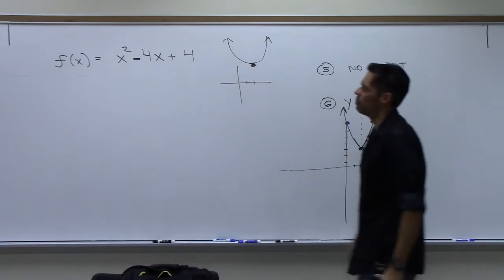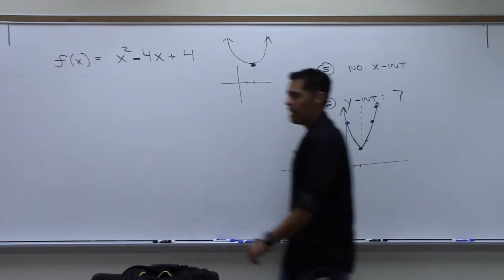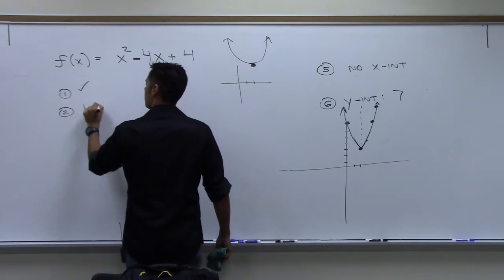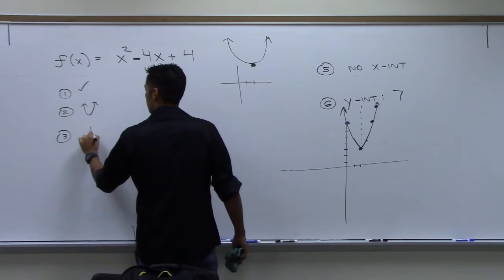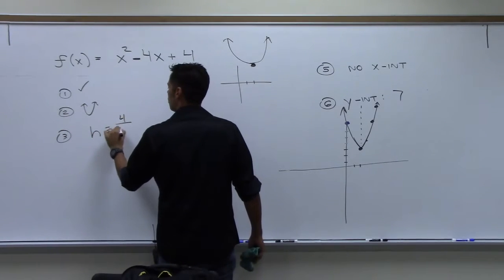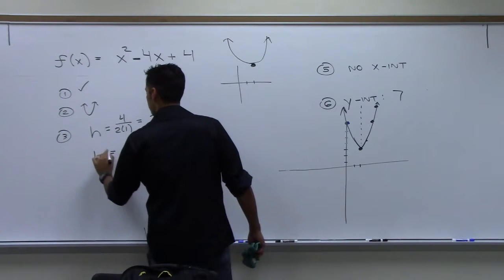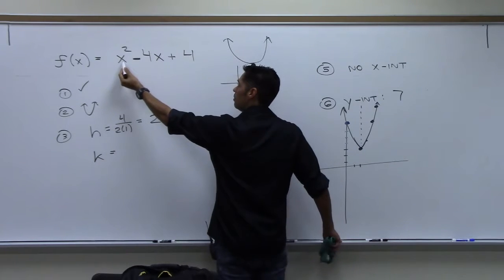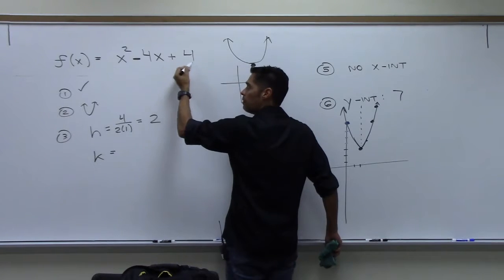How about that one? X squared minus 4x plus 4. Okay, so it's a parabola, right? Opens up, and the vertex h is negative b over 2a, which is 2. K is, what happens when we plug in 2 here? 4, take away 8, add 4, 0, isn't it?